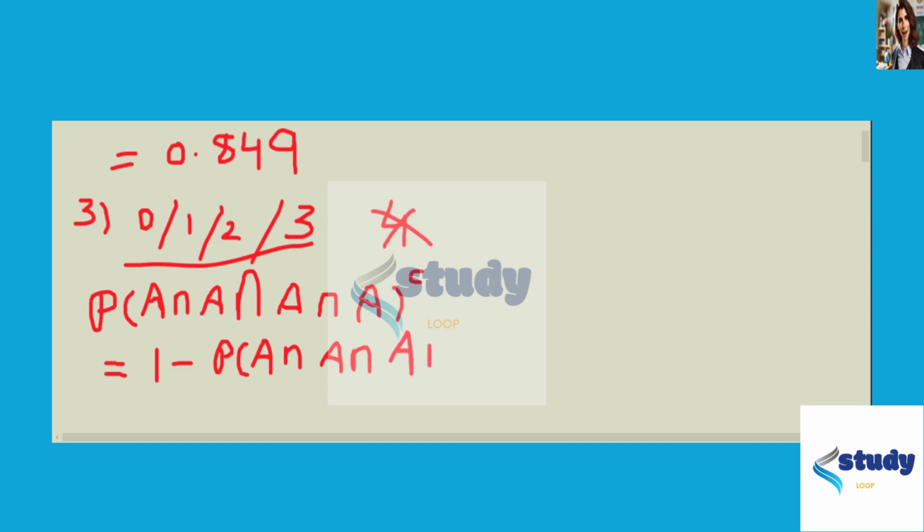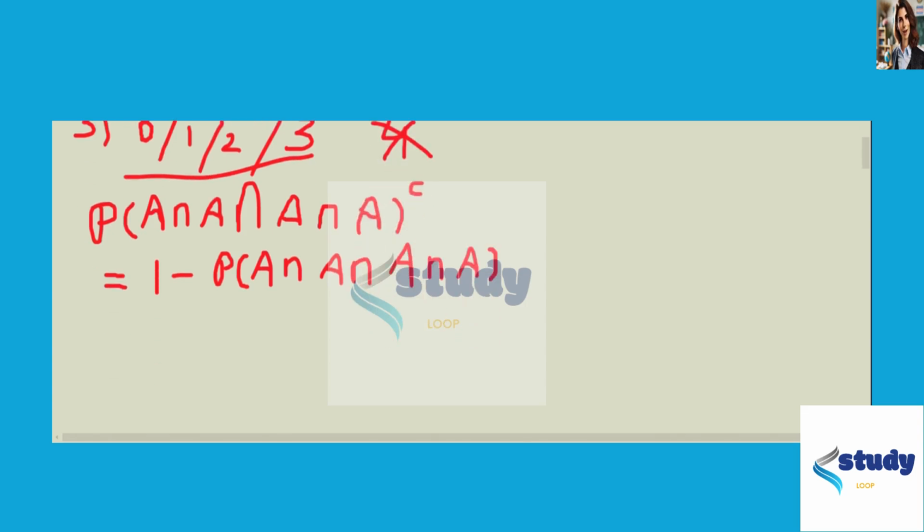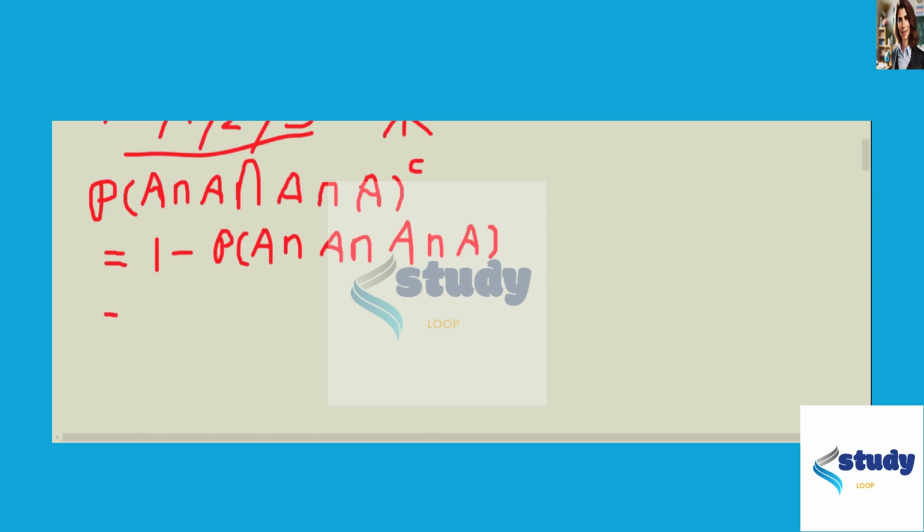By complement rule, the required probability is equal to 1 minus probability of all 4 persons being type A. As all the 4 persons are independent of each other, using multiplication rule, this probability is equal to probability of A raised to 4, that is multiplied 4 times.